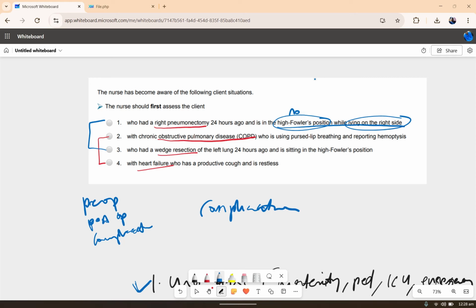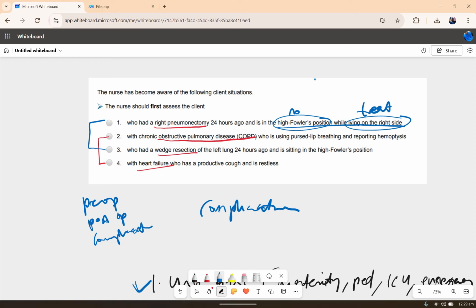Because the NCLEX is telling us, there's opportunity, shall I say, you can easily be thinking, what is wrong with the left side as well too. So you can question yourself, should they be lying on the right side or the left side? But even if they should be lying on the left side, I cannot treat this. A patient that is sitting in high Fowler position, is it good or bad? The answer is that it is good.